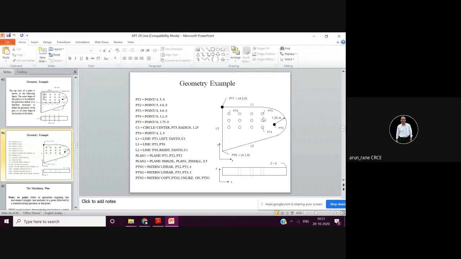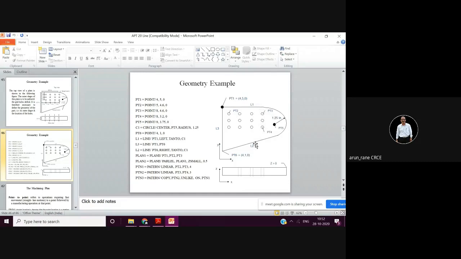Then we'll say pattern 2. It is a linear pattern passing through point 3 and point 4, with three holes. So one is this, where we defined four holes, and another is this, where we defined three holes.